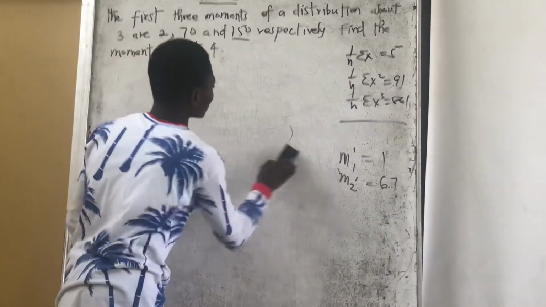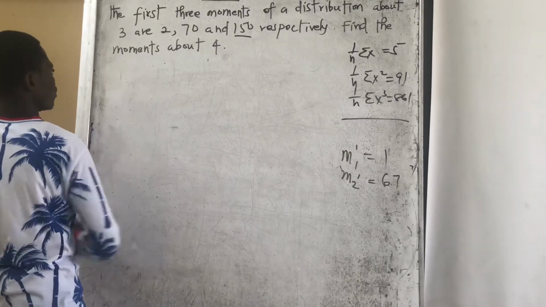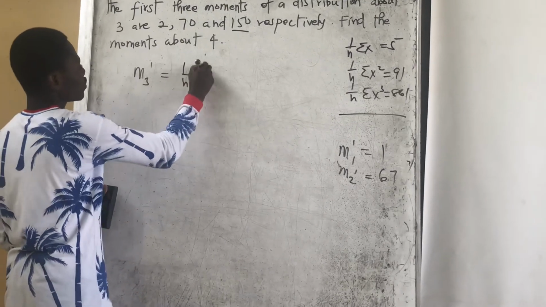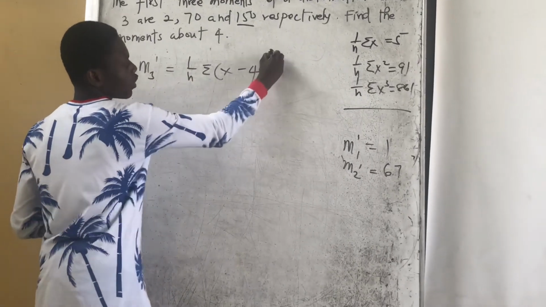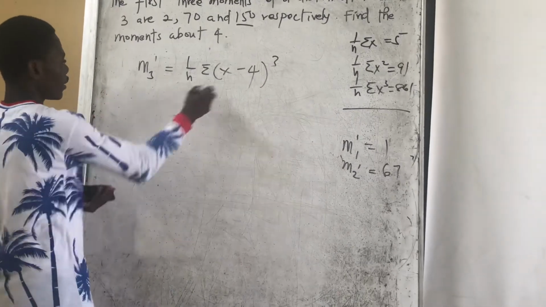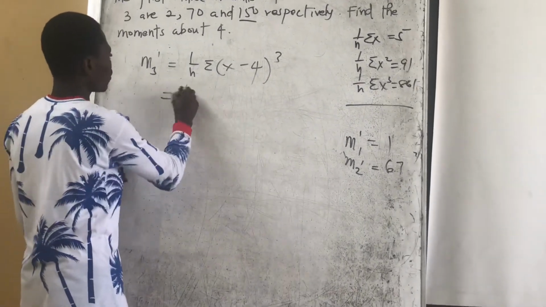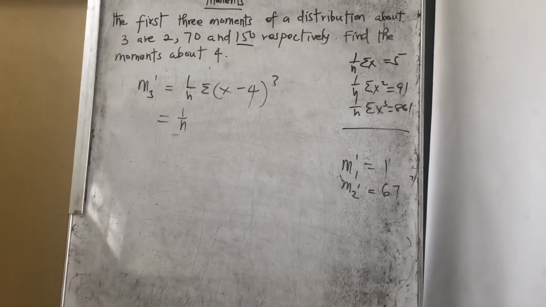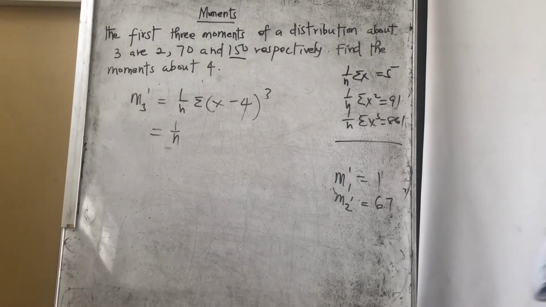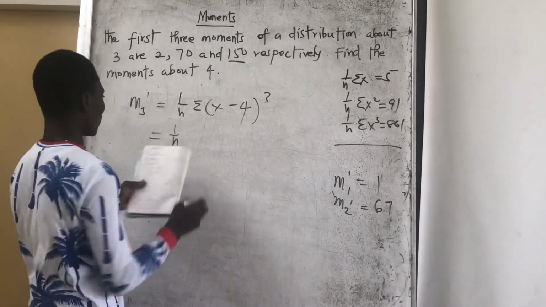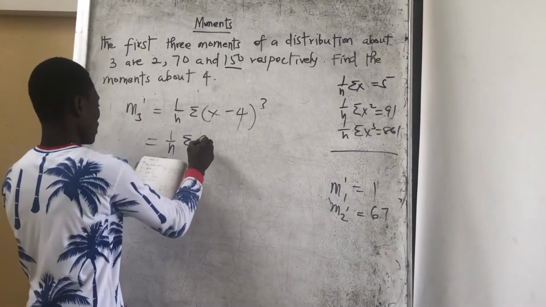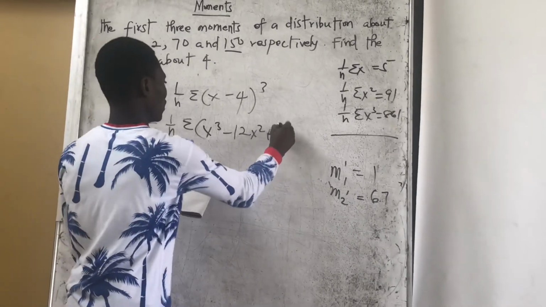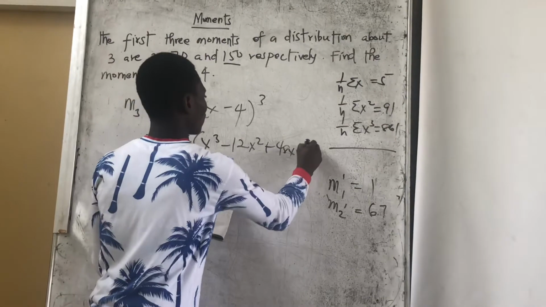Now we proceed to the third moment. So the third moment goes to m3: 1 over n sigma x minus 4 to the power 3, this time to the power 3. And then we'll similarly open this as 1 over n sigma x cubed minus 12x squared plus 48x minus 64.